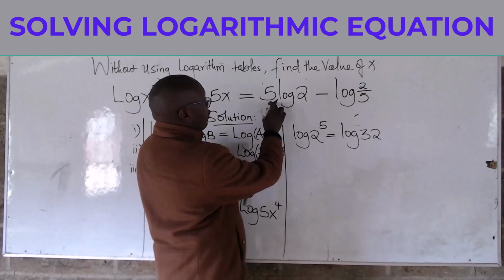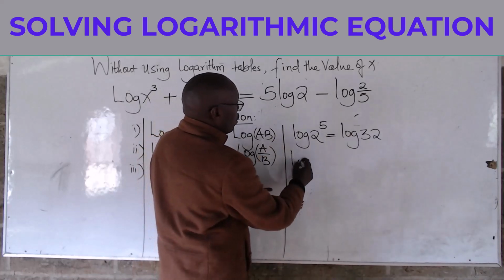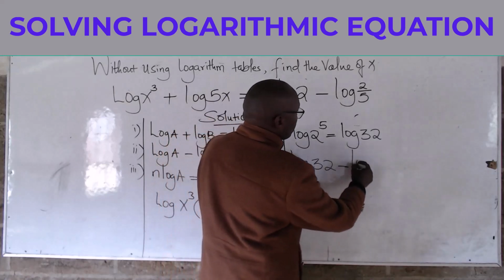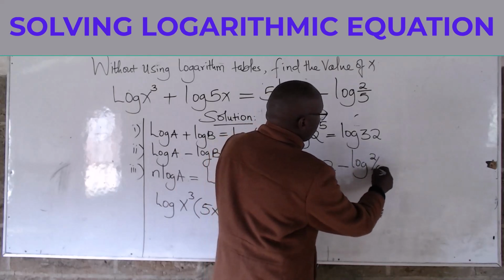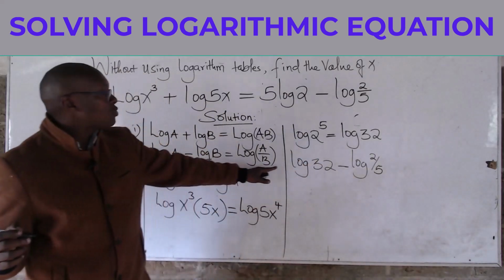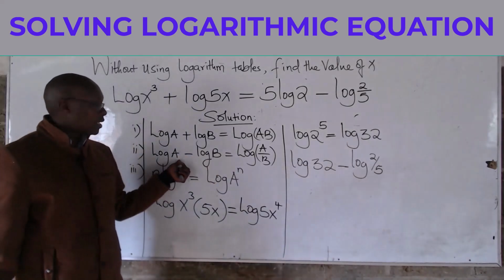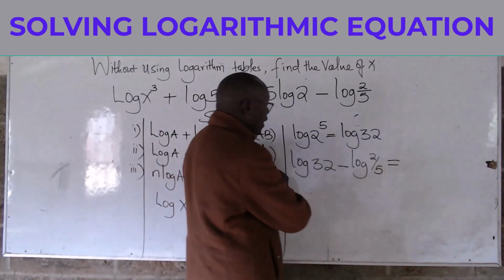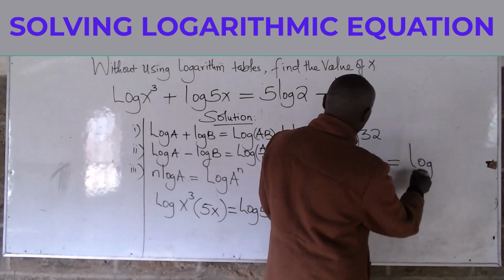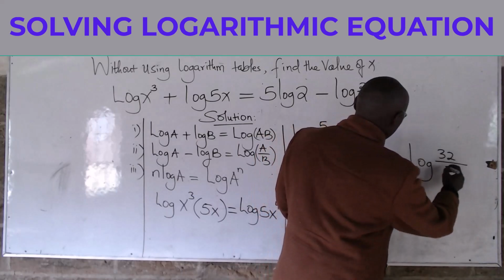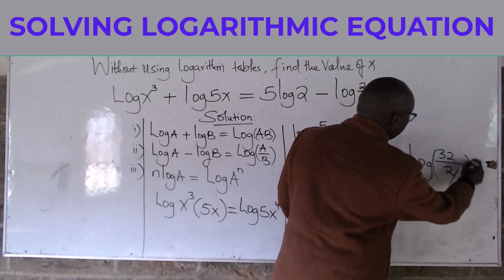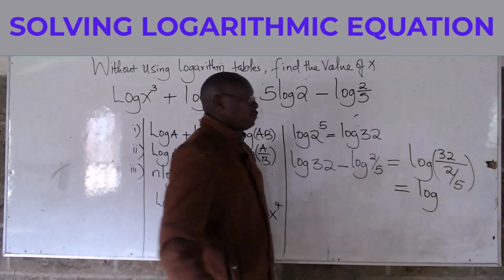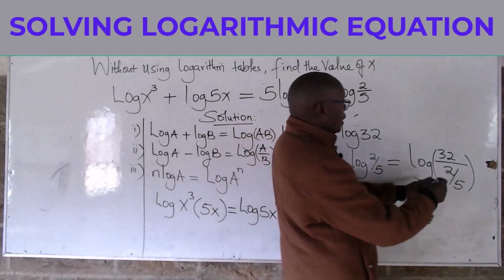Now we have 5 logarithm of 2 written as logarithm of 32 subtract logarithm of 2 divided by 5. So we can use law number 2, the law of subtraction, at this level, and write this as a singular logarithm: logarithm of 32 divided by 2 over 5.